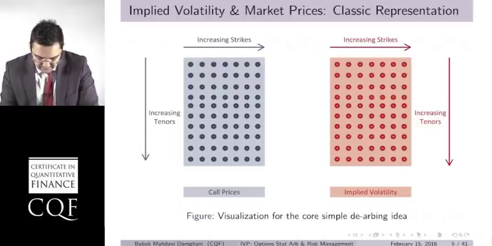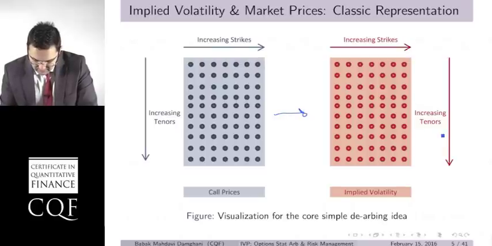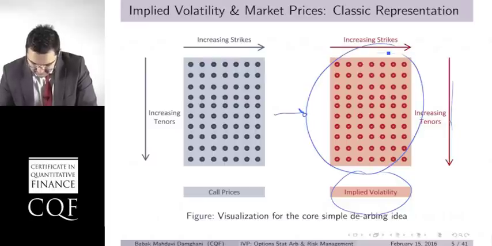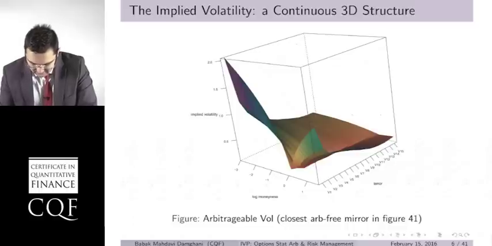And eventually you can map the price matrix onto the implied volatility sort of matrix. So with increasing strikes and increasing tenors. And if you were to plot this, you would see something like this.